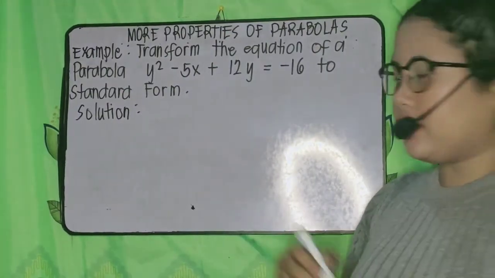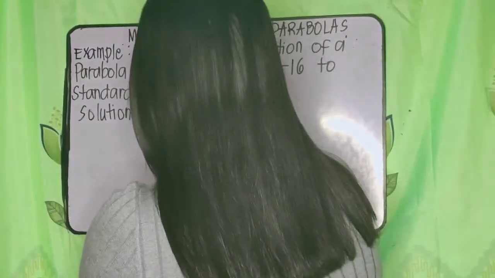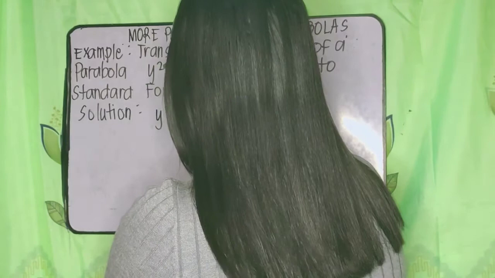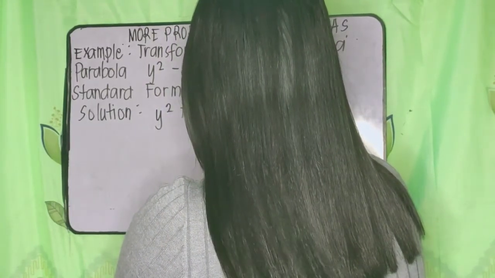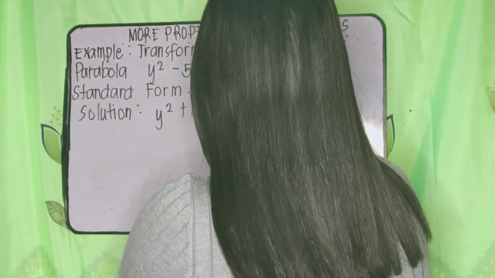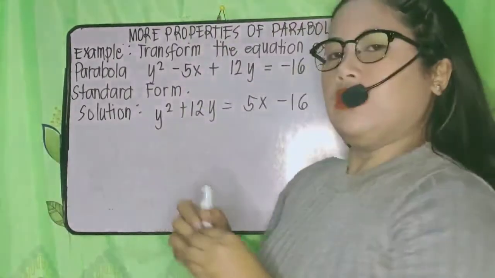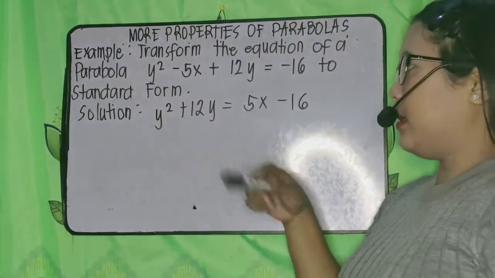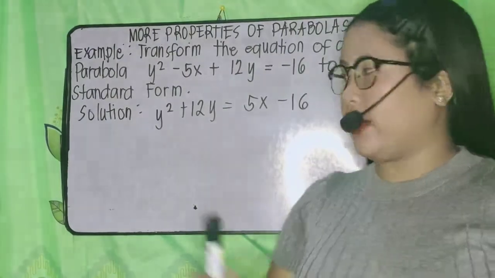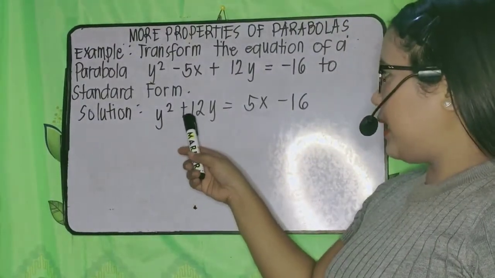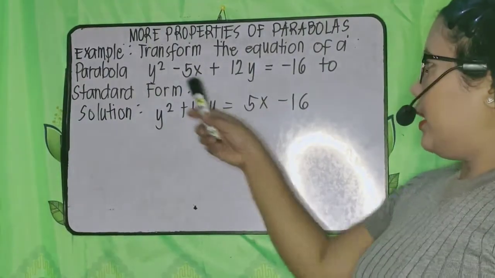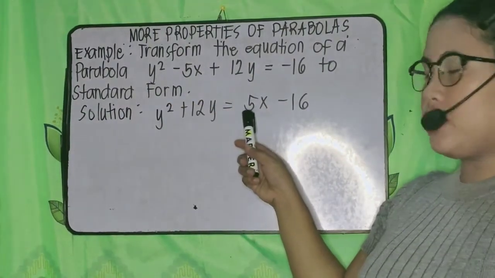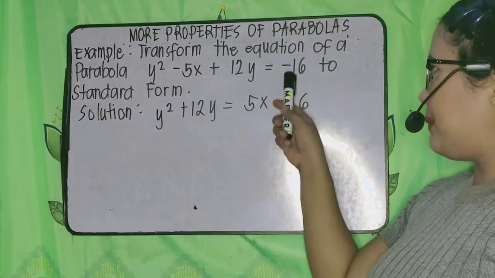Okay, so let's do it. Let's apply. Complete the square on y, which is y squared plus 12y, and then we're going to move x to the other side.